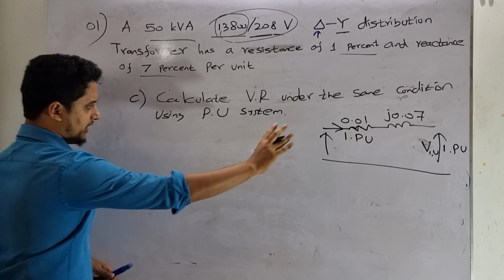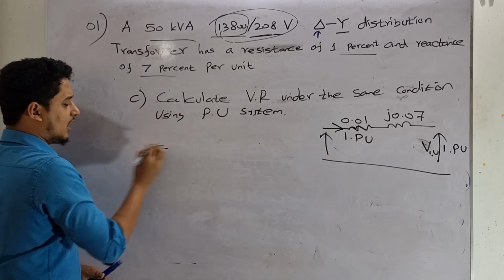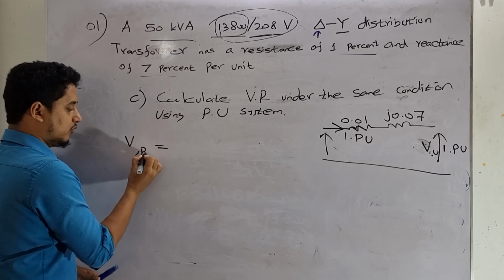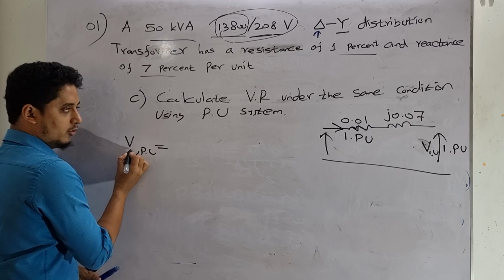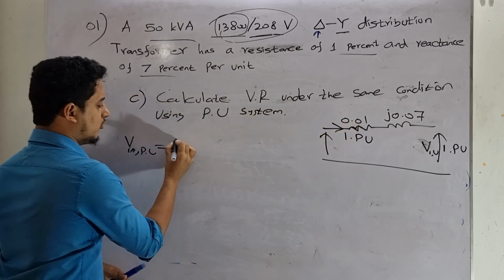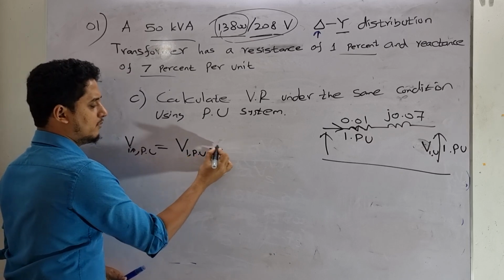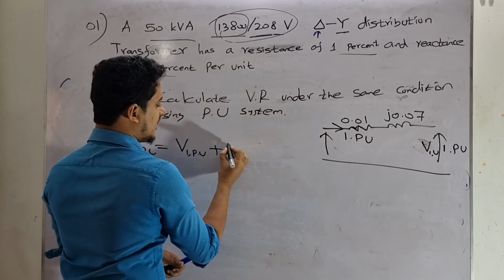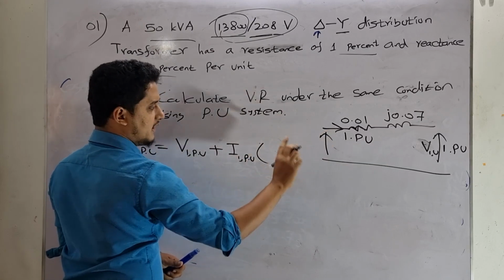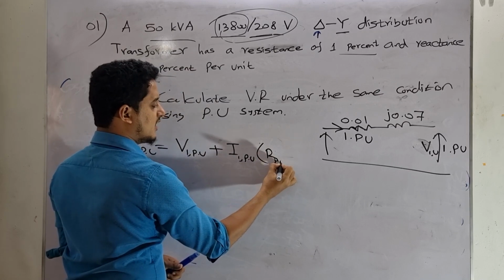So according to this equivalent circuit, we can say the per unit input voltage is equal to the per unit output voltage plus the per unit current multiplied by the per unit impedance.